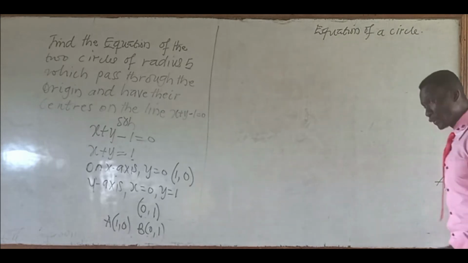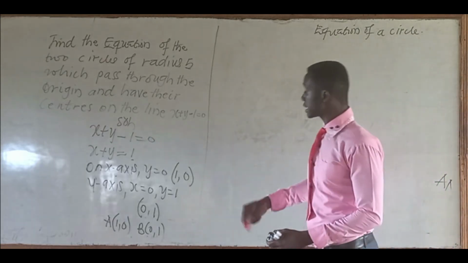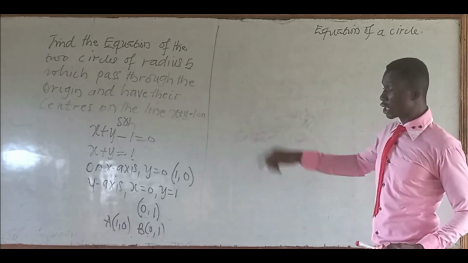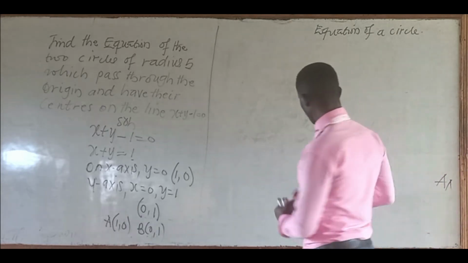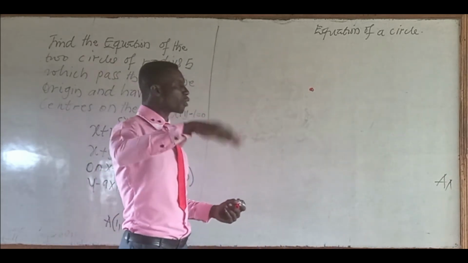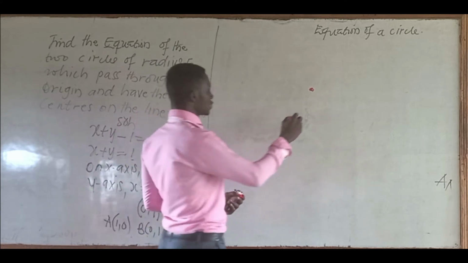But one significant thing that we have to know is that those circles pass through the origin. If you have 1 point, you can have an infinite number of circles that will pass through this point.